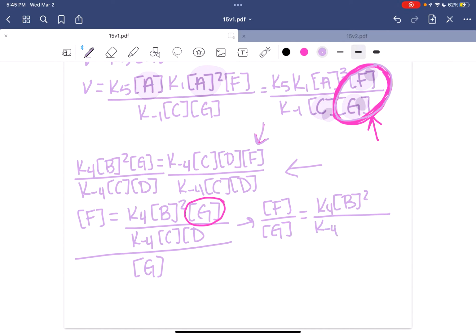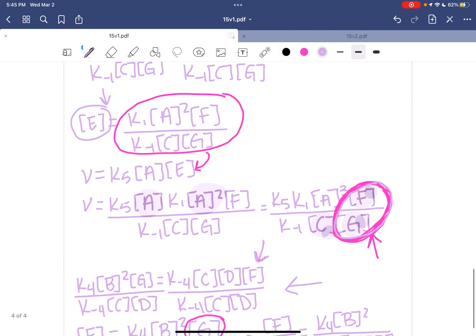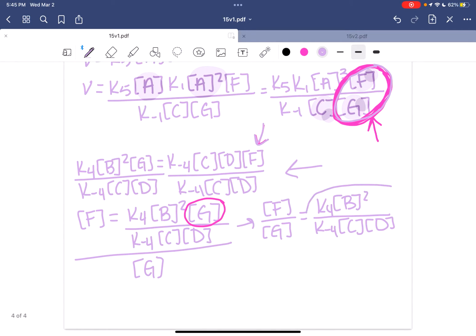So it's over K minus 4 times C times D. And I didn't finish that bracket there. So just like we did with the intermediate E all the way up here, we're going to take everything that F divided by G is equal to and plug it into our updated rate law.